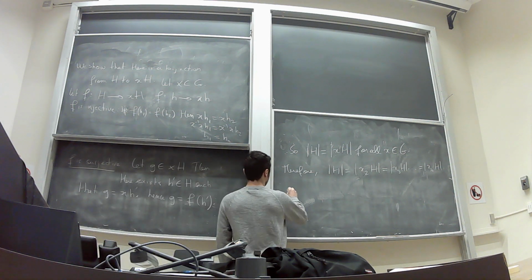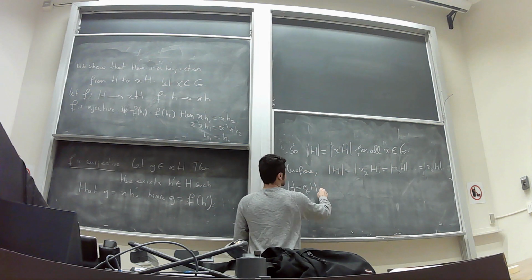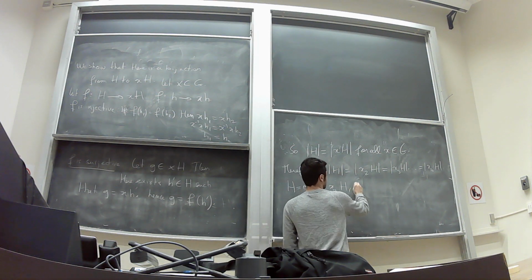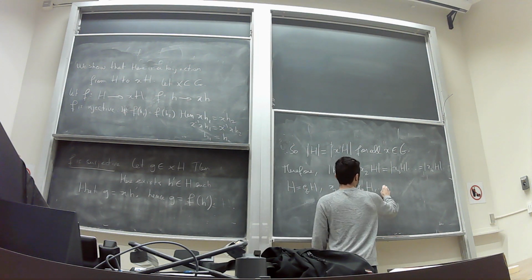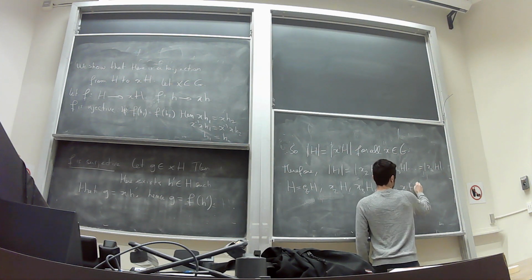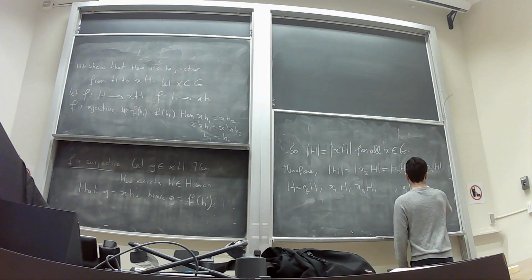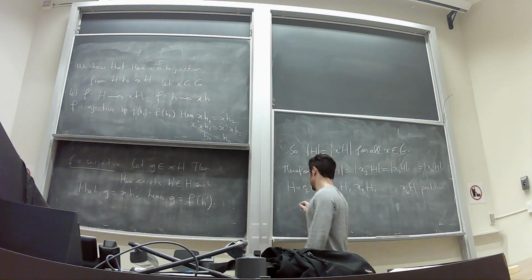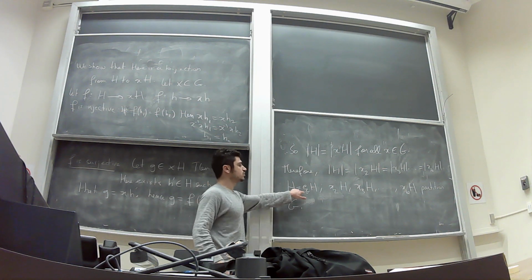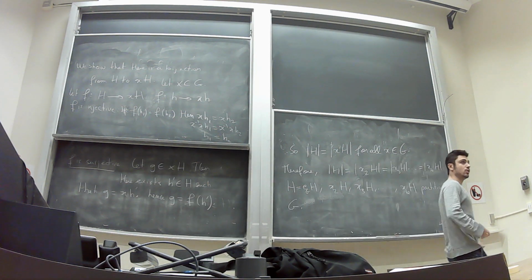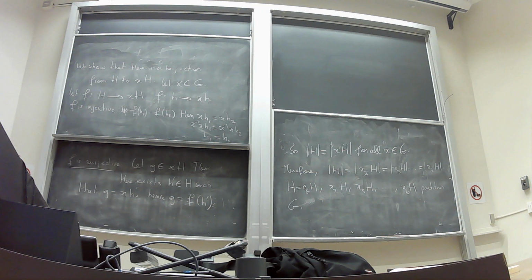Now, G, which is equal to eH, x2H, x3H, and xkH, is a partition of G, right? Those k sets are all disjoint. If you take any two of them, they're disjoint, and their union is G. Agree or not?